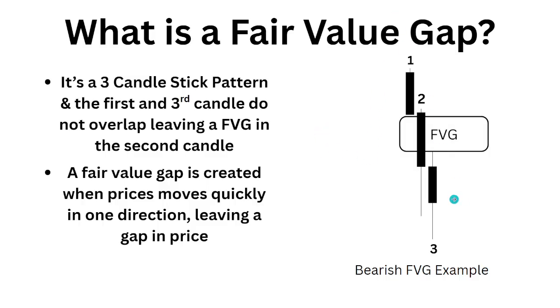In this example, price has accelerated to the downside. It didn't really give much room to trade in this gap. And that's what a fair value gap is. It's a 3 candlestick pattern where the first and third candle wicks do not overlap, leaving the middle candle with a gap, just right here.